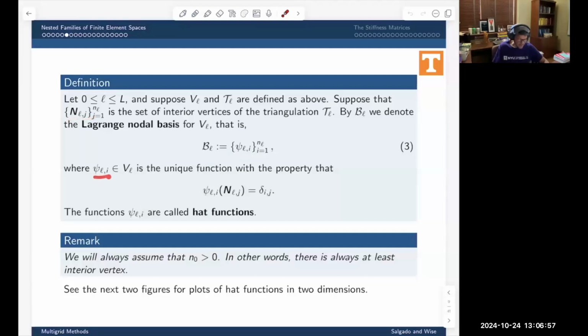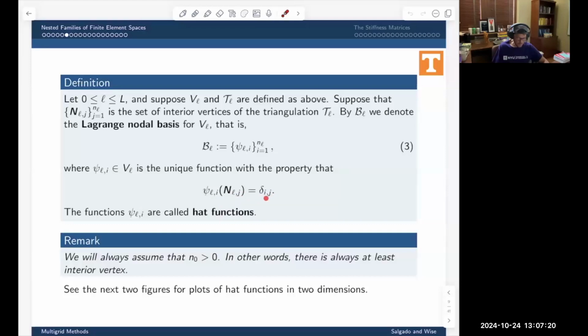So each psi LI in this set is from the space VL. So this means piecewise linear, globally continuous. And it's the unique function with the following property: psi Li evaluated at NLJ is equal to the Kronecker delta symbol.